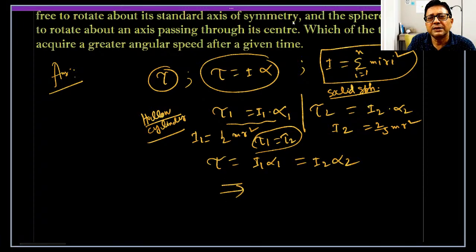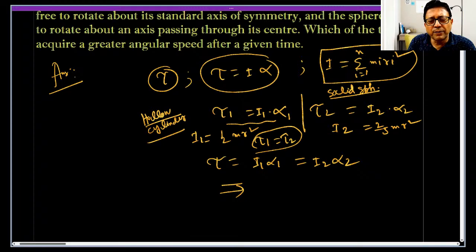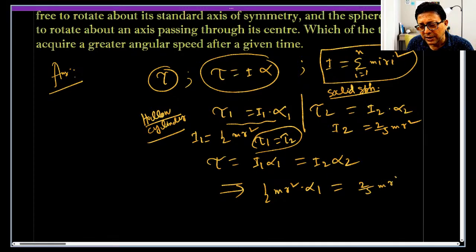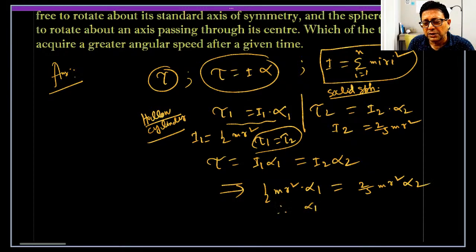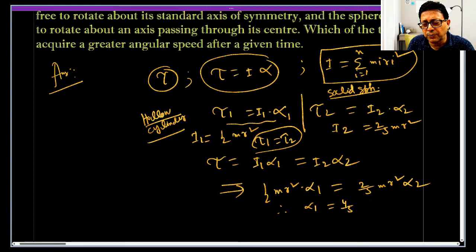This implies m r square alpha 1 equals 2 by 5 m r square alpha 2. So alpha 1 is 2 by 5 alpha 2. This is your number 1.